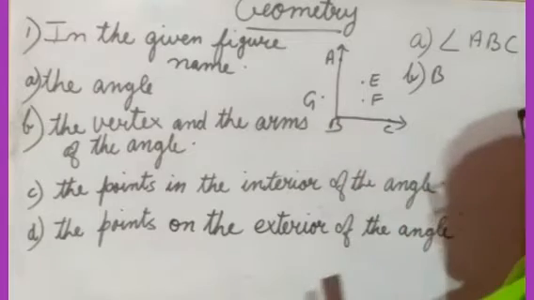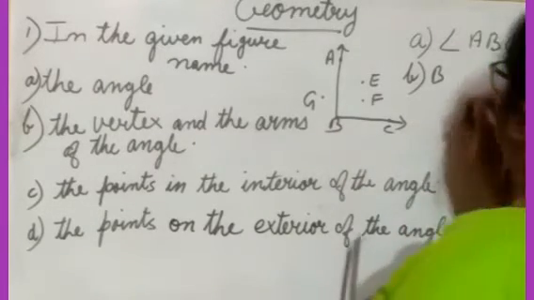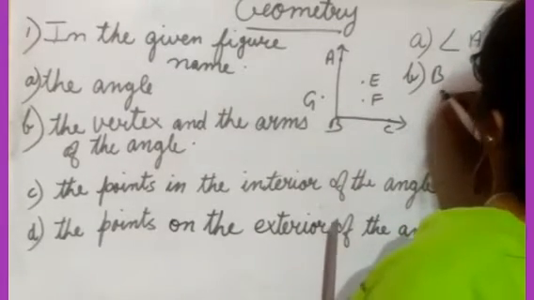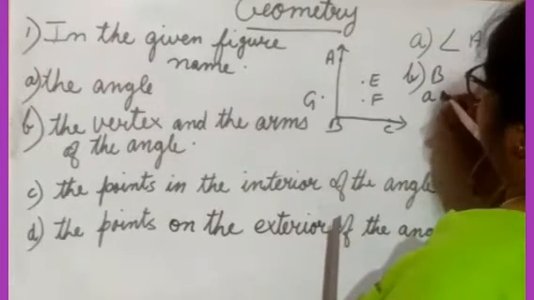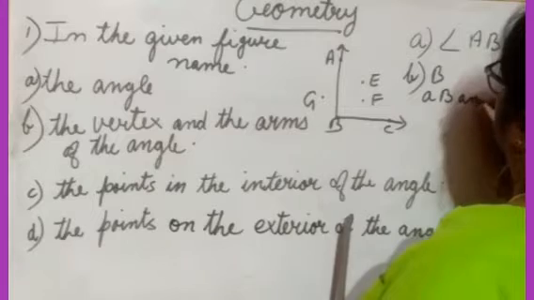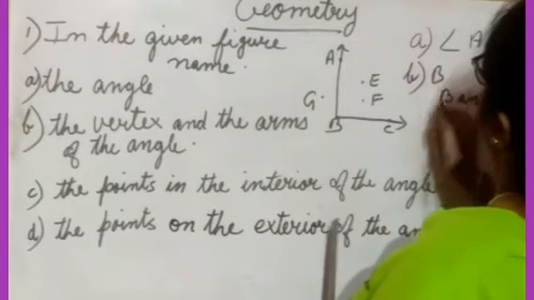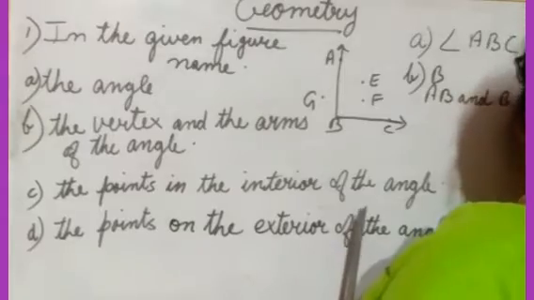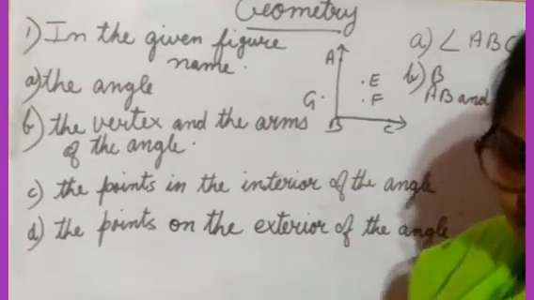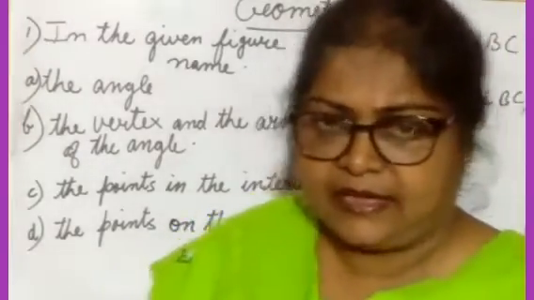The arms are AB and BC. Yes, these are the arms of the angle.